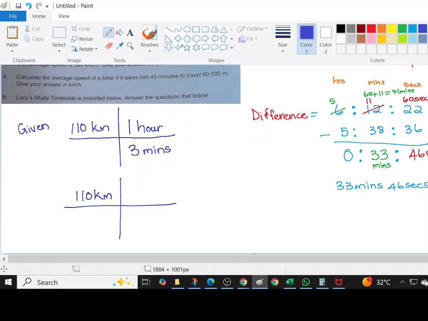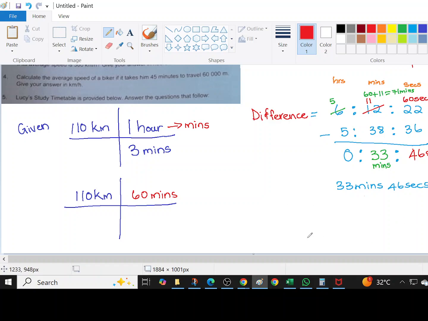So if we take this hours to minutes, how many minutes will there be? 60. That's correct. So if you write it in hours, he does 110 kilometers in 1 hour. But 1 hour is 60 minutes, so he also does 110 kilometers in 60 minutes. You understand that? Yes, miss.